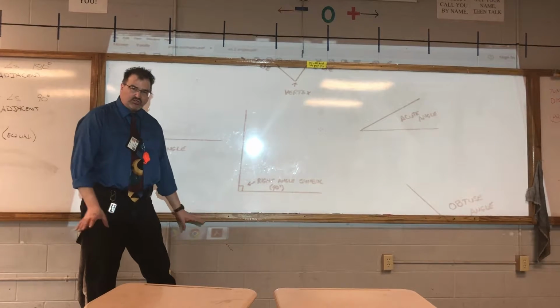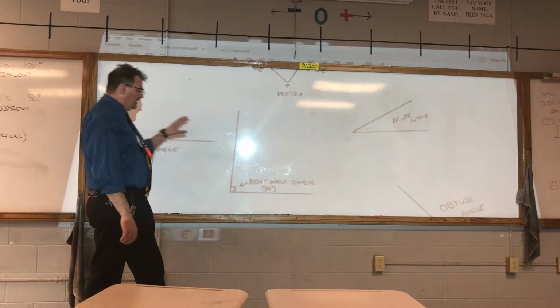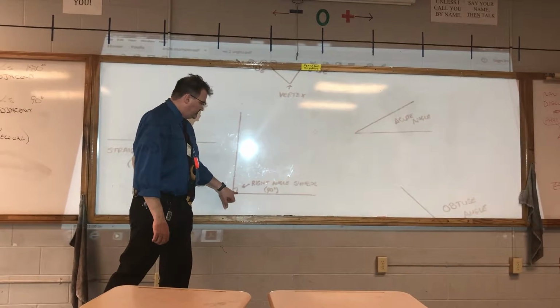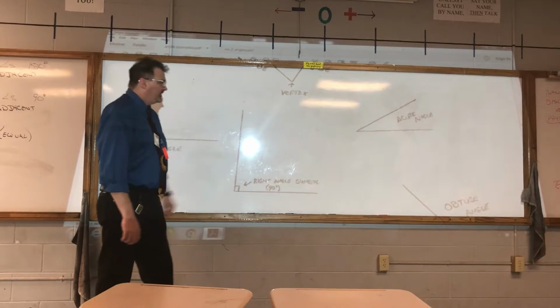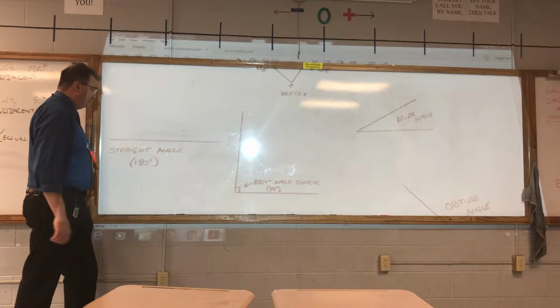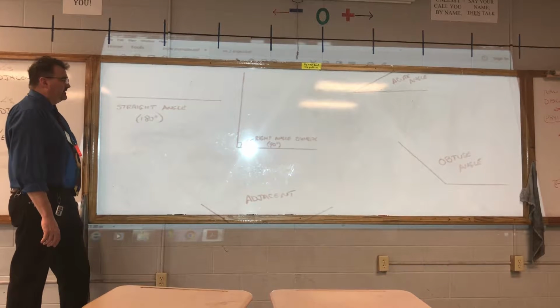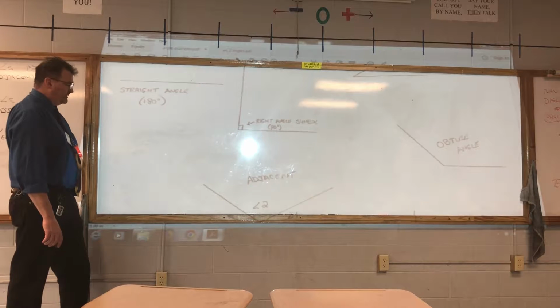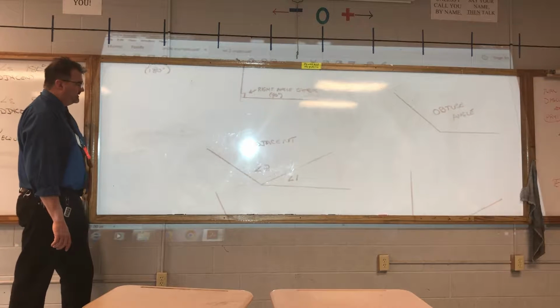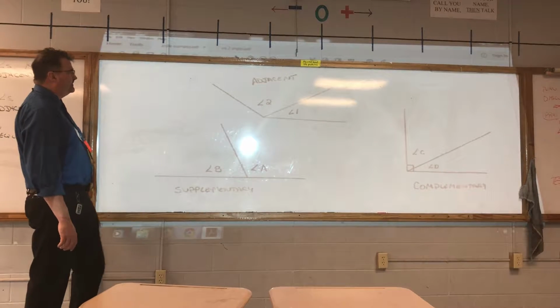We're not going to be measuring anything right now. We're just going to be looking at, is it a straight line or is it a 90-degree angle shown by the little angle symbol?